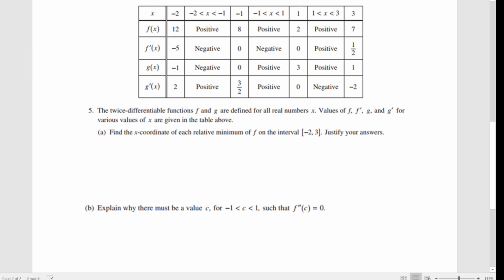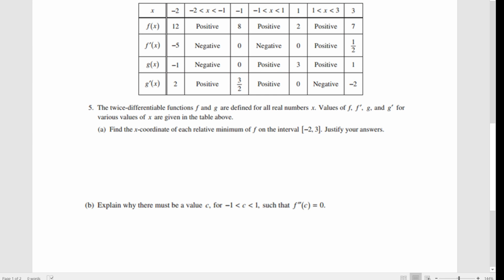All right, so the second one, we have these two twice differentiable functions, f and g. We get a whole bunch of values in this beautiful table. And we are supposed to find the x-coordinate of each minimum. So we should look at derivatives to find minimums.